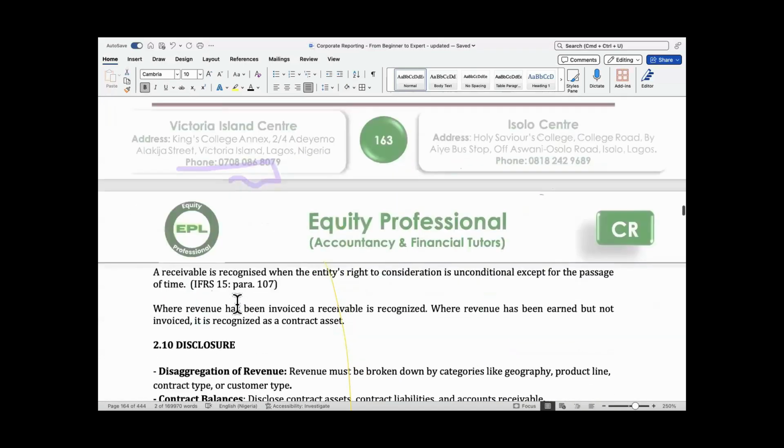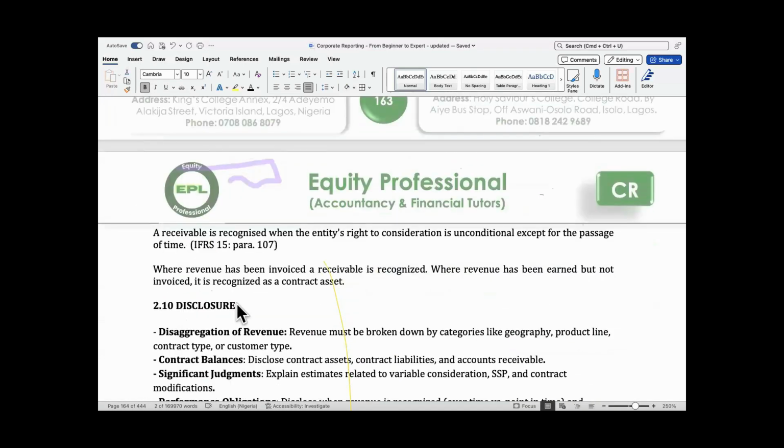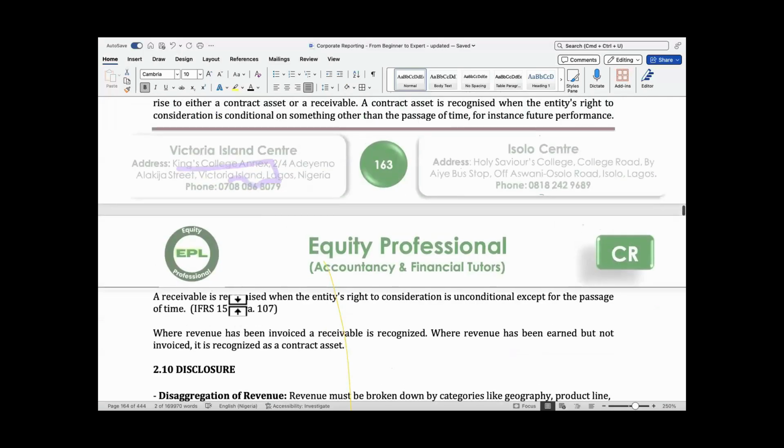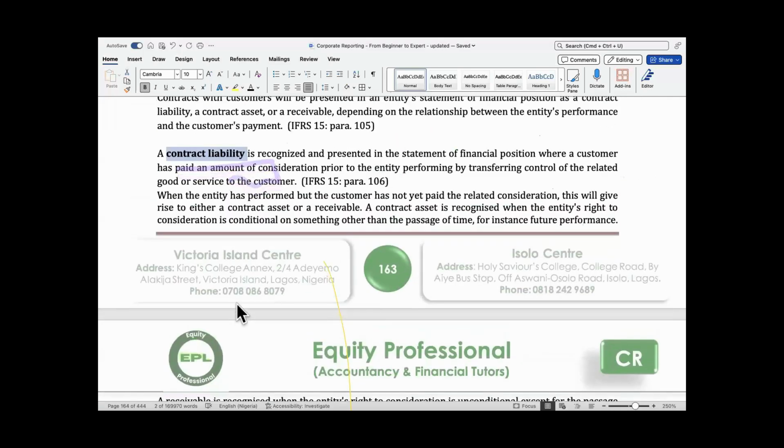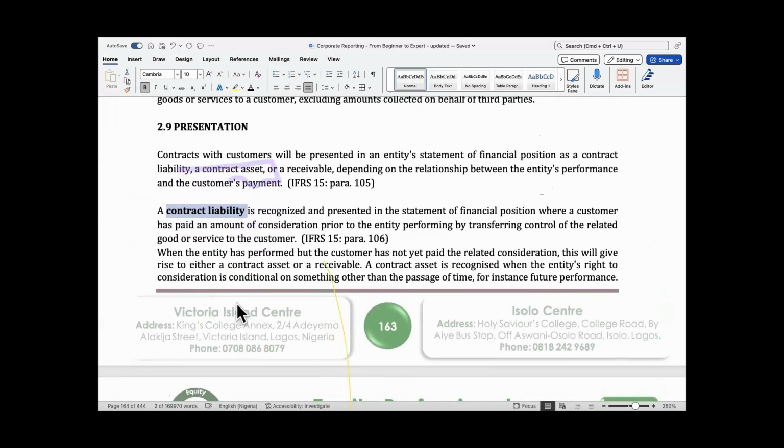Also, let's say you have delivered the service, but you did not give an invoice to the customer, or probably the customer is expecting a hard copy, and the customer hasn't paid you, the customer is owing you. That money you can credit to revenue, but what you debit in that instance is a contract asset.